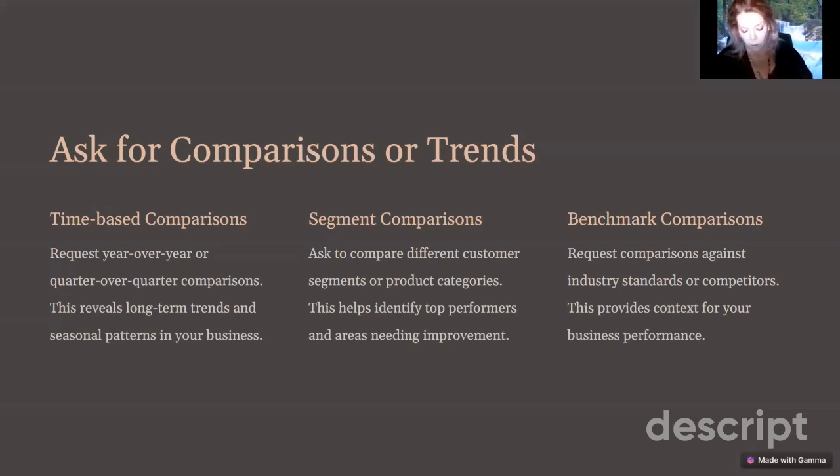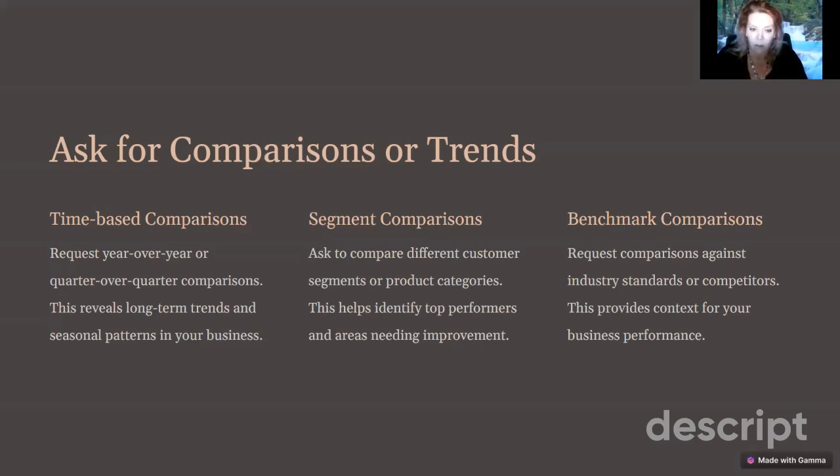Maybe you're looking at the year and you're not doing very well so far against last year's total numbers, and you want to see, oh, the reason is that we did 50% of our sales in the last quarter. And so you're doing fine because you're already at 60% of your sales for the year, that sort of thing. So it reveals long-term trends and seasonal patterns in your business.